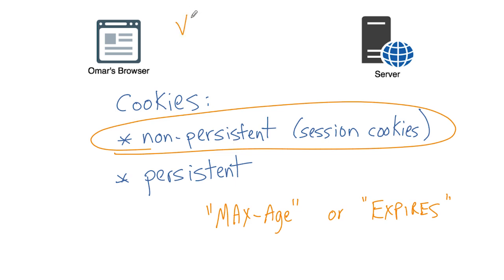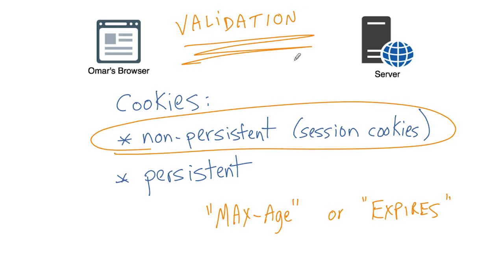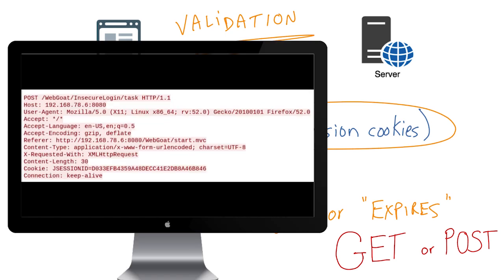Session IDs must be carefully validated and verified by the application. Now, depending on the session management mechanism that is used by the application, the session ID will be received in a GET or a POST parameter, in the URL, or in an HTTP header using cookies.